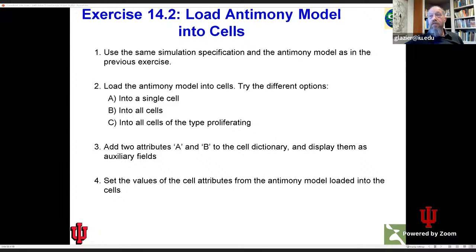Or you could have the proliferating cells grow at rate B and the quiescent cells grow at rate A. So then you'd see something where they're not the same.